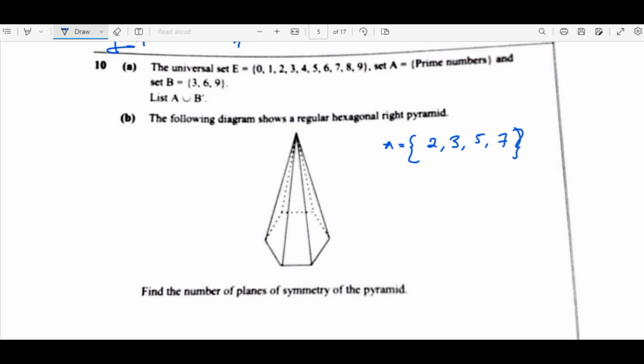So let us write set B. Set B is 3, 6, and 9.